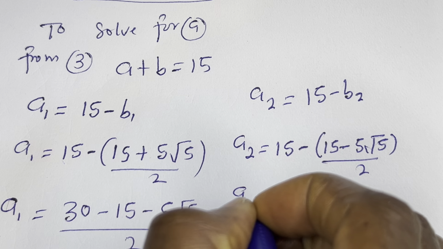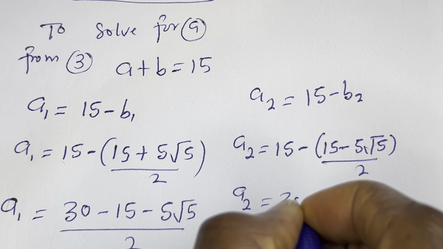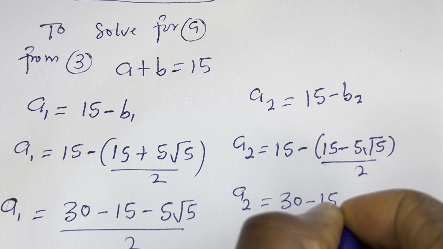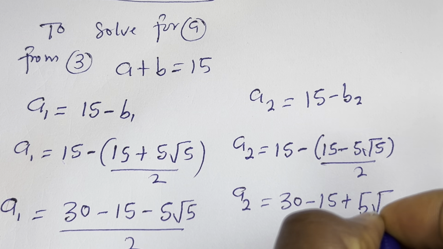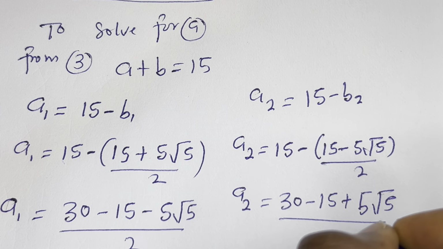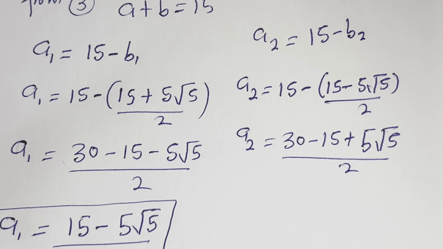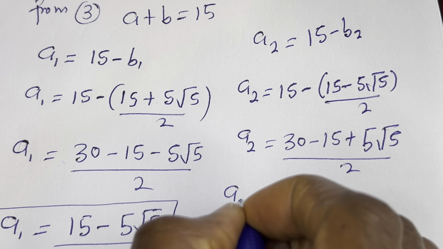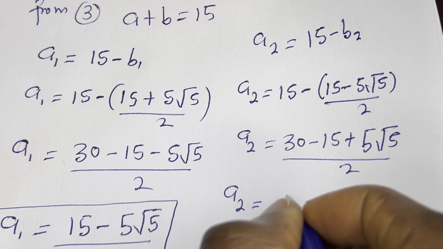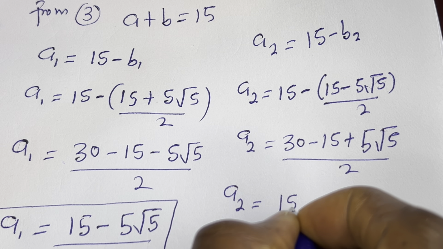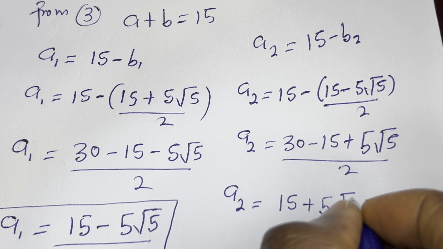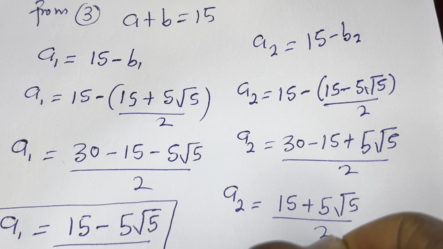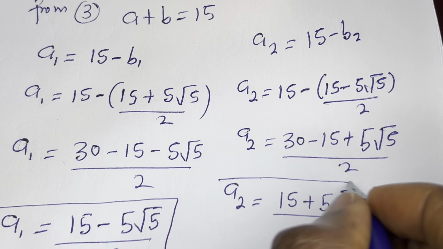Then a2 is equal to 30 minus 15 plus 5 root 5 over 2. a2 is equal to 15 plus 5 root 5 over 2. This is the value of a2.